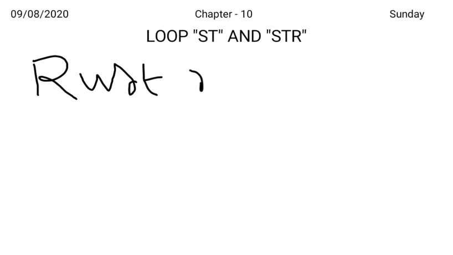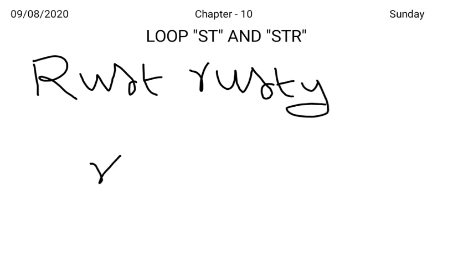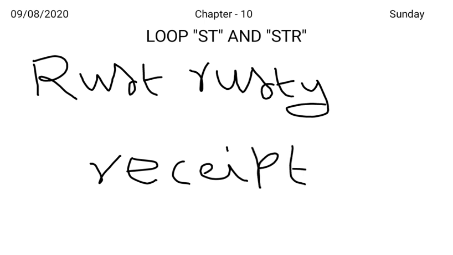Another example: rust, rusty, receipt. Rust, here you can employ ST loop because there is no vowel between S and T or after ST. But in case of rusty, after T, E vowel is there.